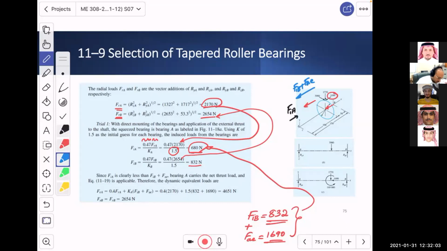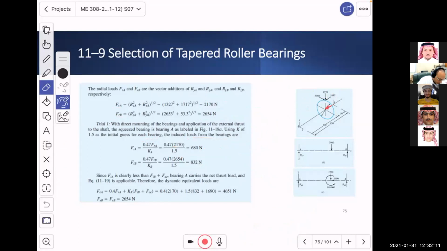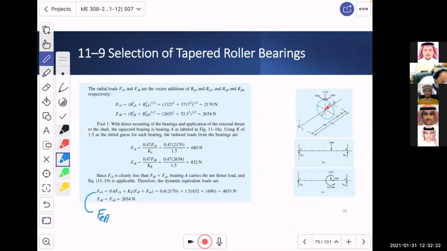Now, what does that mean? Let me clean this so you don't get confused. Okay. Now, what is this? Well, if you remember, we said that F E A will be equal to 0.4 multiplied by F R A plus K A multiplied by F I B plus F A E. Now, this is a constant. F R A, we calculated it. It is this one, 2,170.